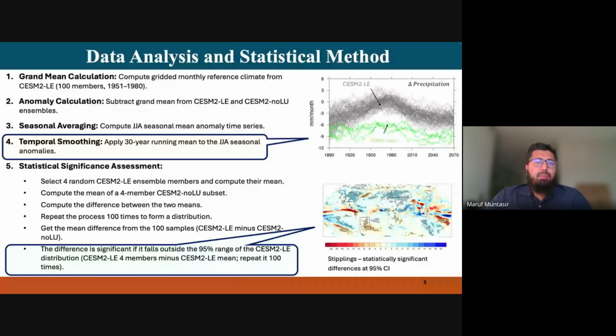We computed the difference between the 2 means, and we repeat this process 100 times to form a distribution. So the difference of LU and no LU is significant if it falls outside the 95% range of the CSM2 LE distribution. And this is the distribution we just formed. Next slide, please.